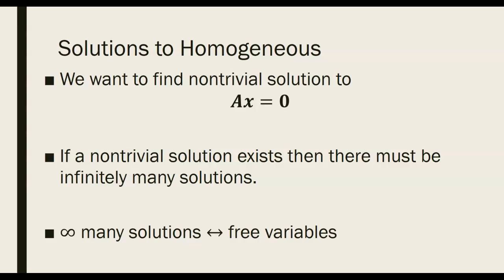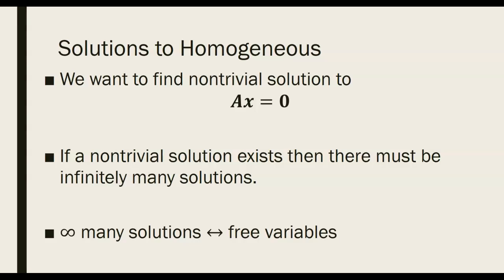All right, so we're going to be looking for non-trivial solutions to the homogeneous matrix equation, or in other words, non-zero vector solutions to the vector equation, non-zero, not all zeros, for our variables in a system of linear equations that is homogeneous.